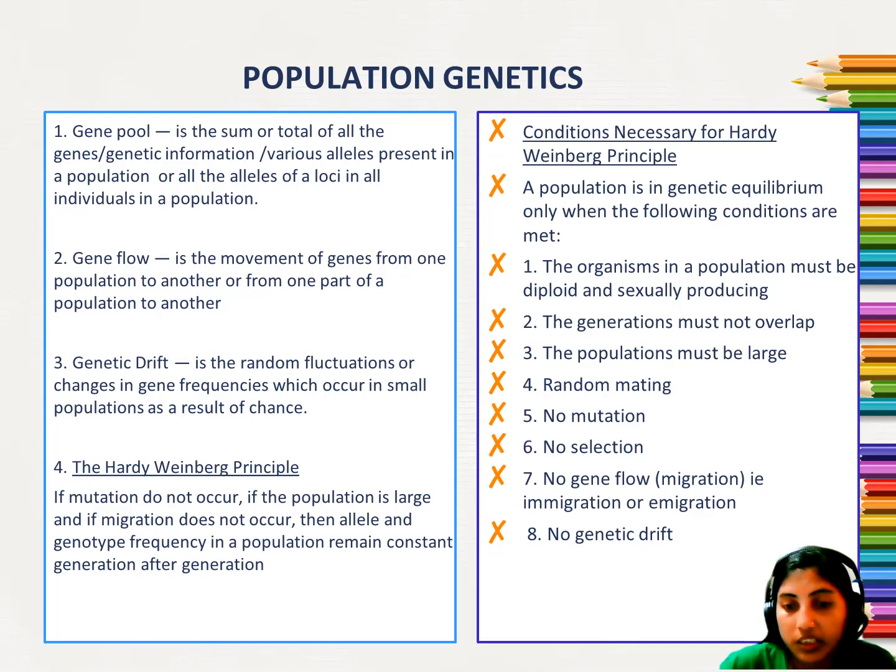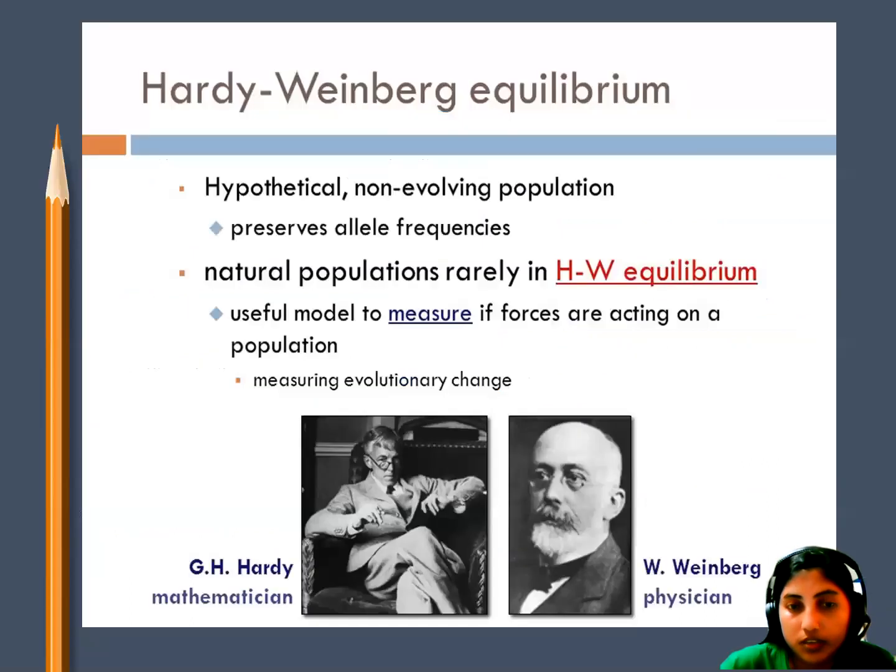There shouldn't be any migration or immigration. No one moving out, no one coming in, and no genetic drift. Genetic drift, okay, that means random fluctuation not allowed. So these were the conditions that Hardy-Weinberg's equilibrium stated.